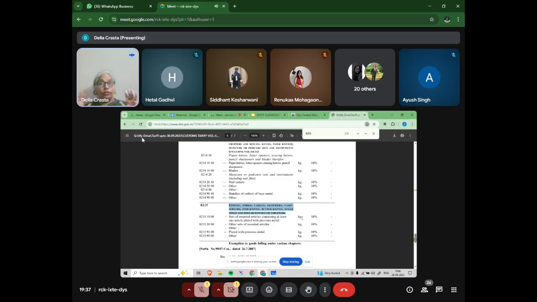Now, what is Rule 3A telling us? Rule 3A is saying the description which is most specific, you have to classify the items in that heading. So, where is it more specific, in 7323 or in 8215?